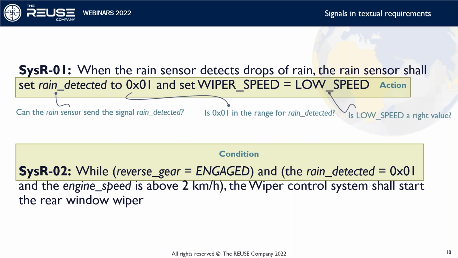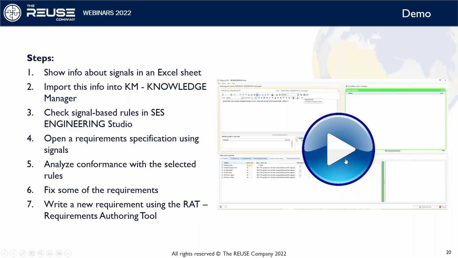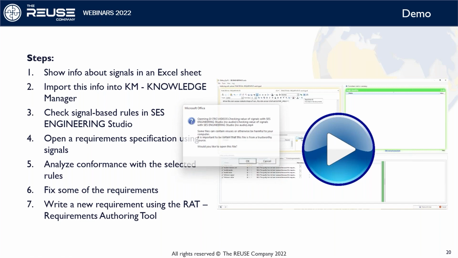Or is low speed also a possible value in an enumerator for the wiper speed signal? So all these are questions that we are going to solve in the demo. Or is kilometers per hour the right unit for the speed of the engine, or should we measure the speed of the engine in revolutions per minute instead of kilometers per hour, right? So let's go into the demo.